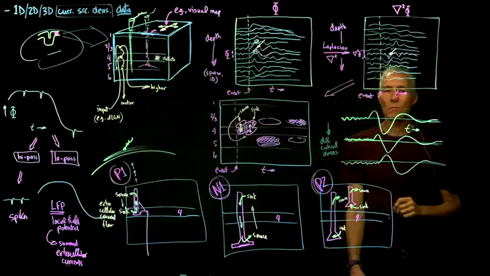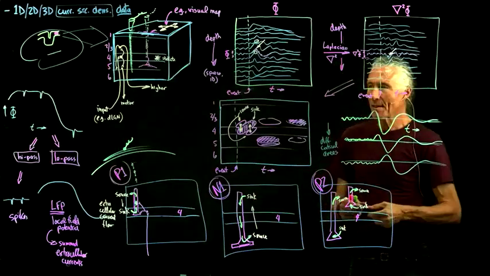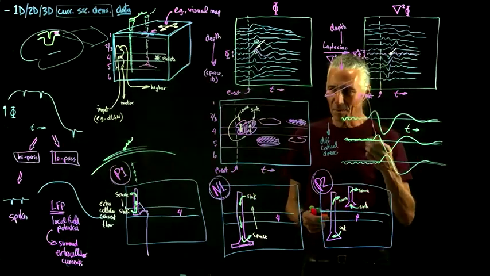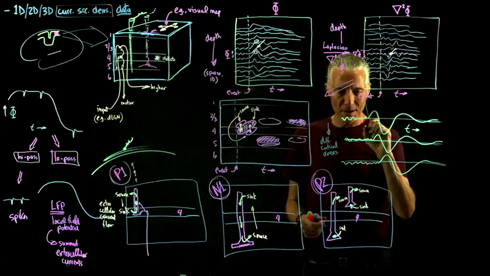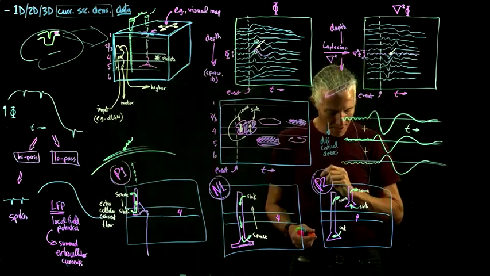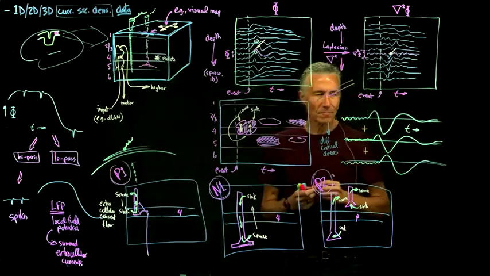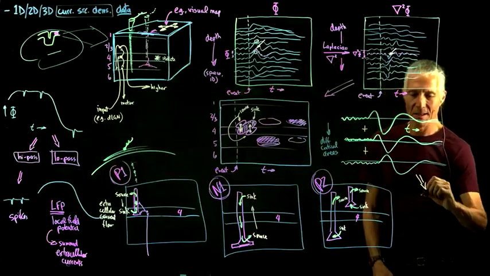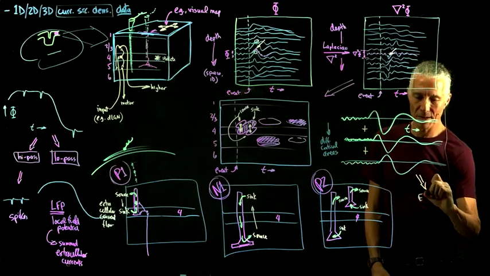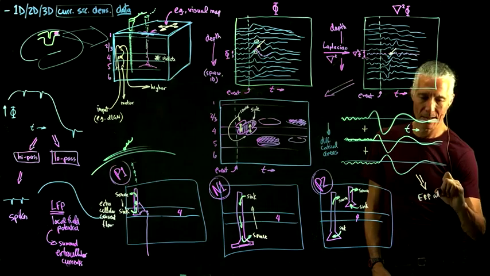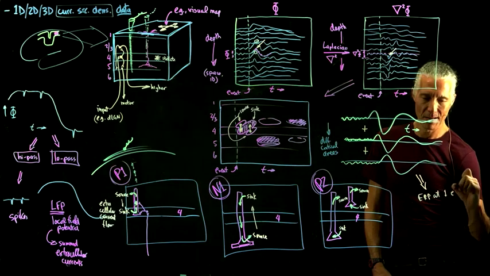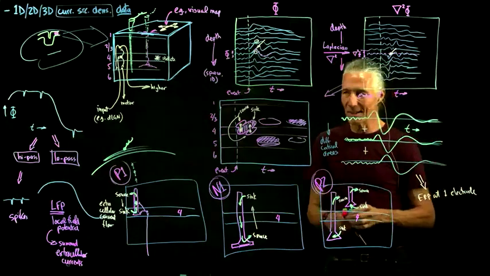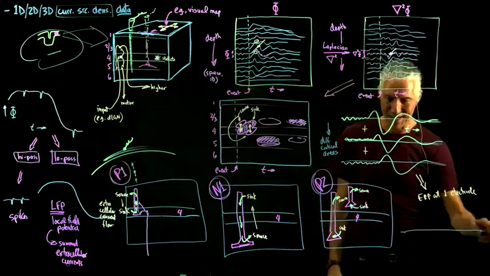So what are you going to see when you record at a single scalp electrode? You can see what the problem is now. You're going to add all these up, and then you're going to get our evoked potential, ERP, at one electrode. And what's that going to look like? Well, sort of the same thing, right?